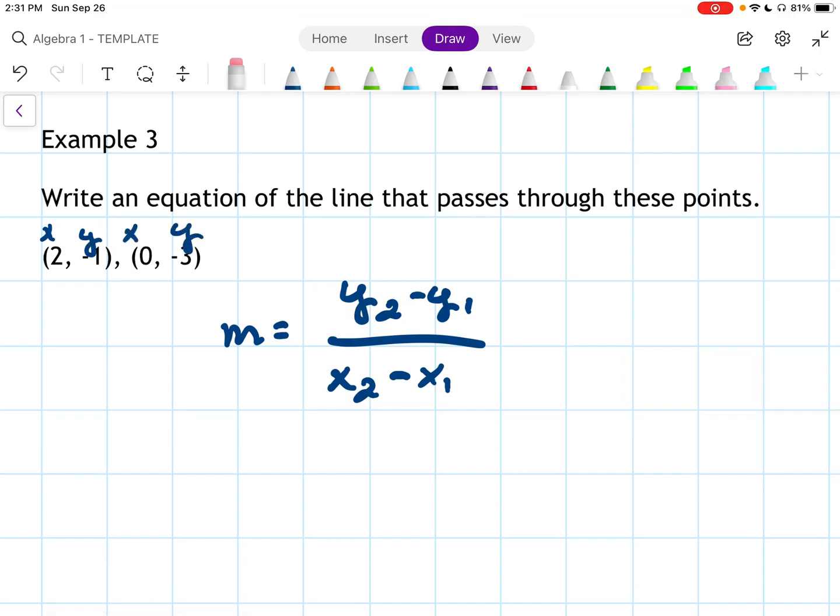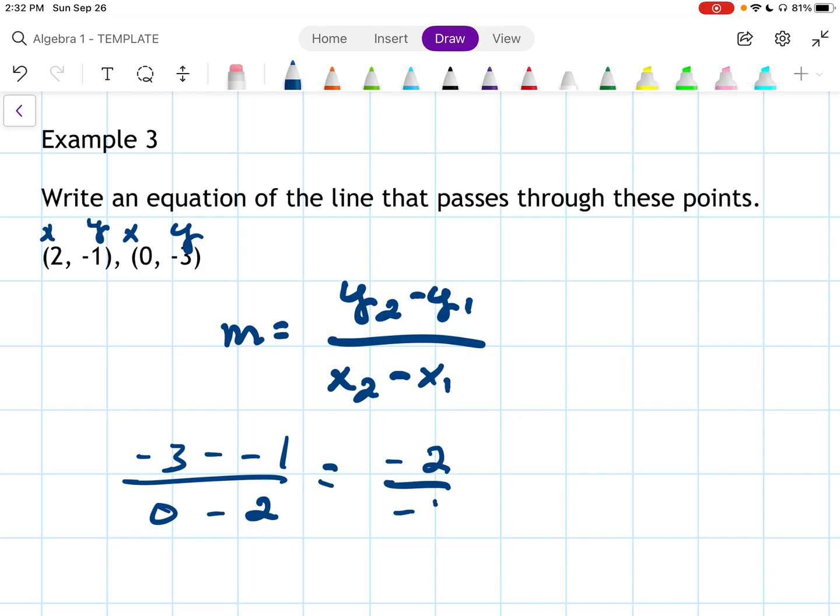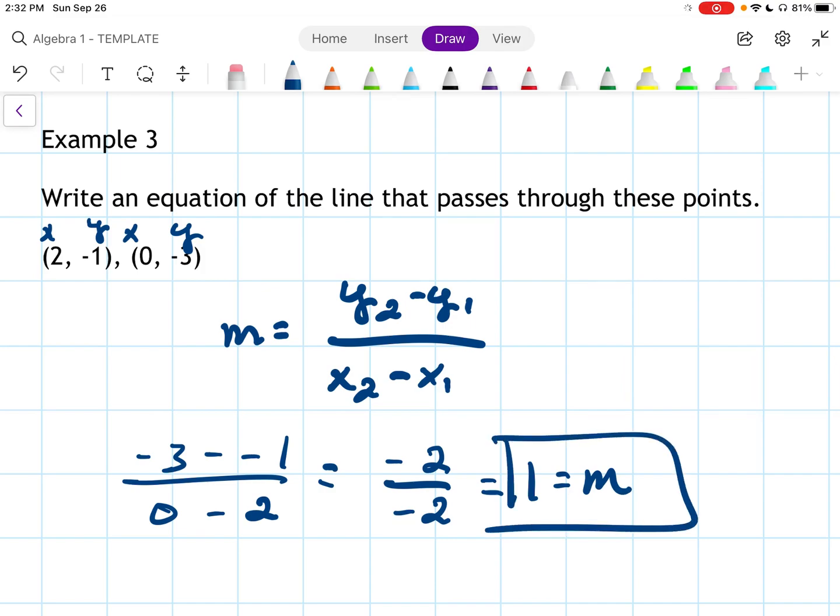Those are my 2 points. Let me rewrite one of these so that I can see. This will be -3 minus -1 over 0 minus 2. So this gives me -2 over -2, which is +1. So my slope is 1.